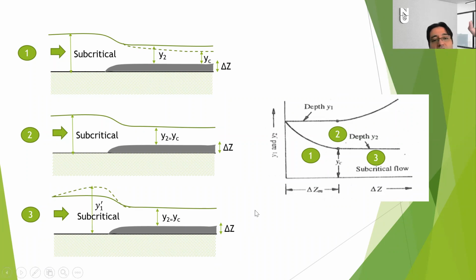So in order to solve such problems, guys, first you should calculate the critical depth on both sides, in the upstream flow and the downstream flow. After calculating the critical depths on both sides, you will check whether the water is passing as subcritical flow or not. If it is passing as subcritical flow, then you decide what you should have.